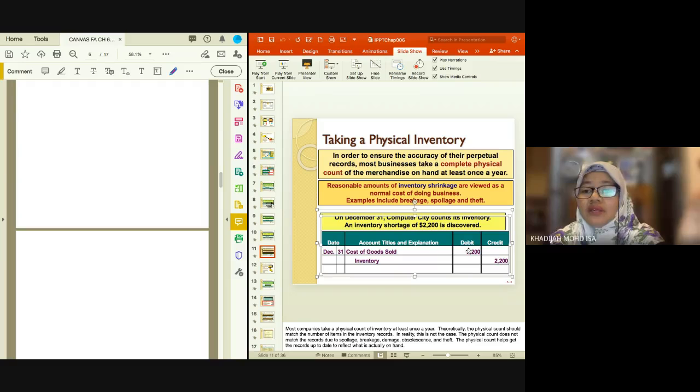Otherwise, if you do not take this adjustment, you will over-report your inventory at 1,000. Supposedly it should be at 900. So if you did not actually take up this inventory shrinkage transaction, then you will over-report your inventory item.